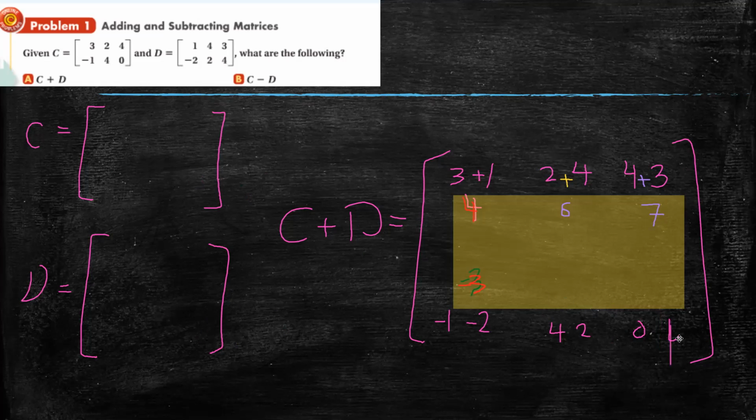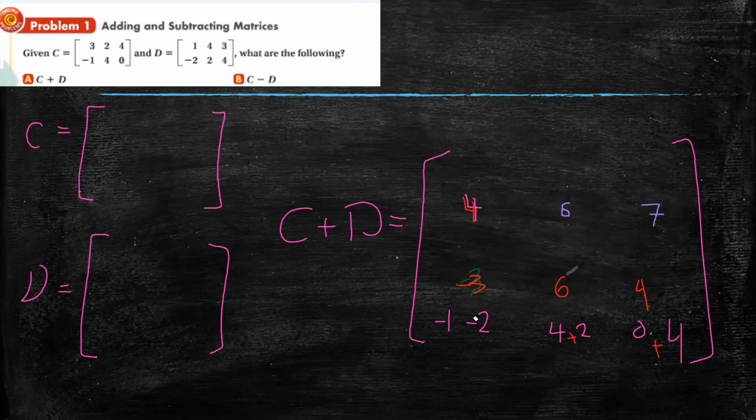And 4 plus 2 is 6, and 0 plus 4 is 4. So after you combine these matrices, you get this new matrix, which has the numbers 4, 6, 7, negative 3, 6, 4.